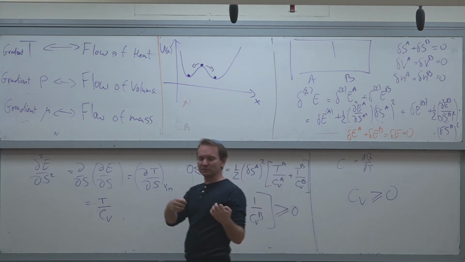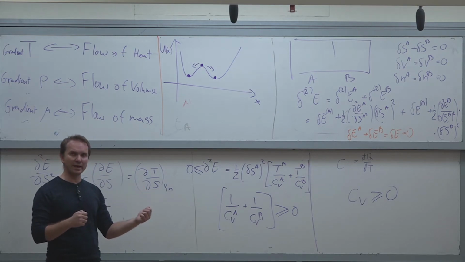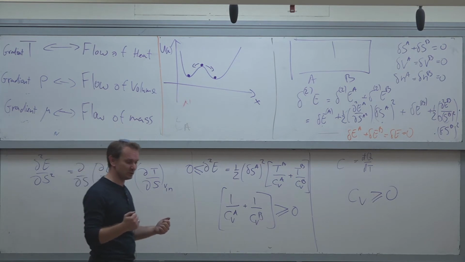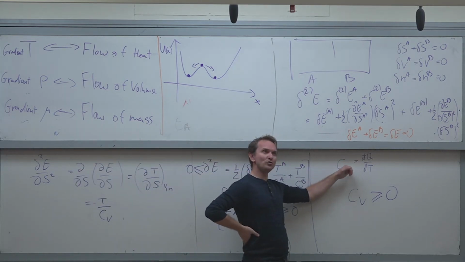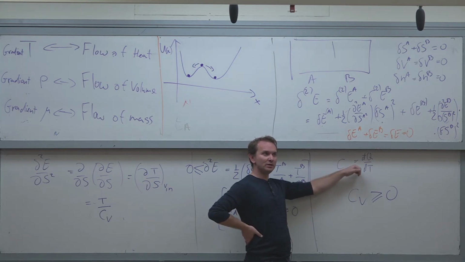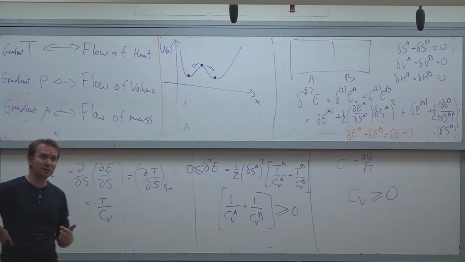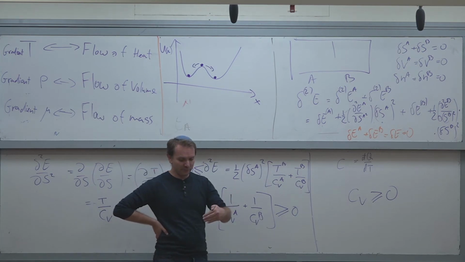Because of the difference in temperature, there is going to be a flow from system A with a higher temperature to system B with a lower temperature. CV is how the heat of the system is changing with the temperature. Or the other way around, 1 over CV is how the temperature of the system is changing with the heat of the system.